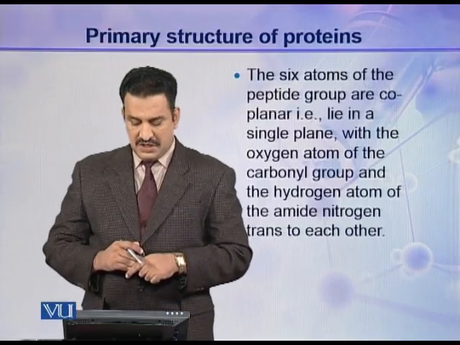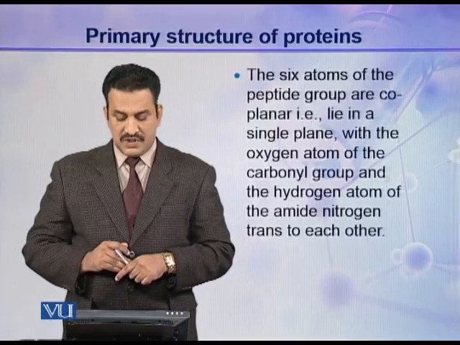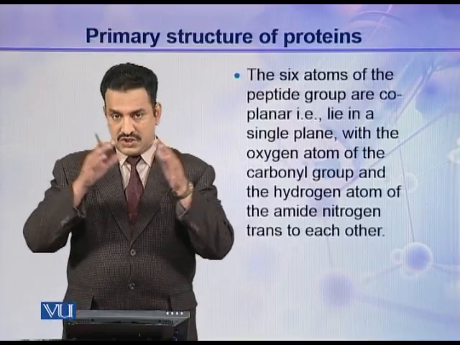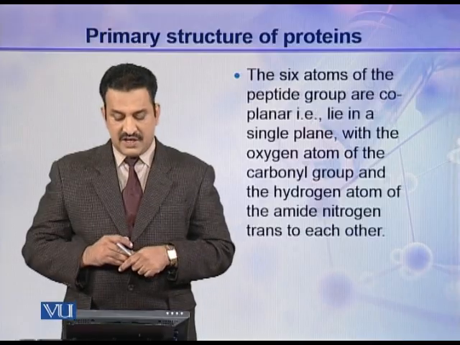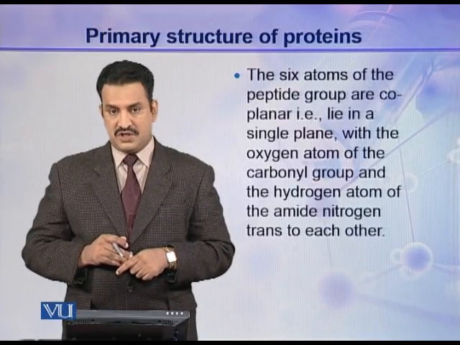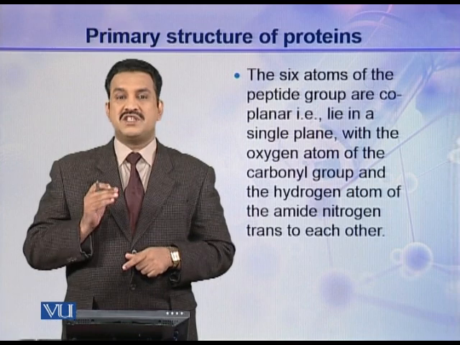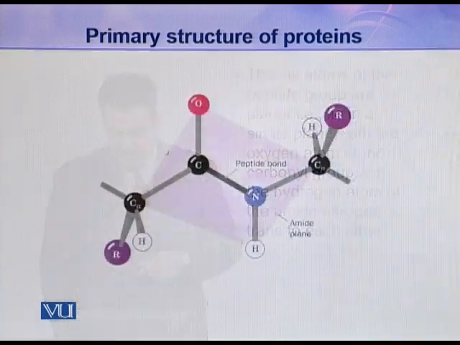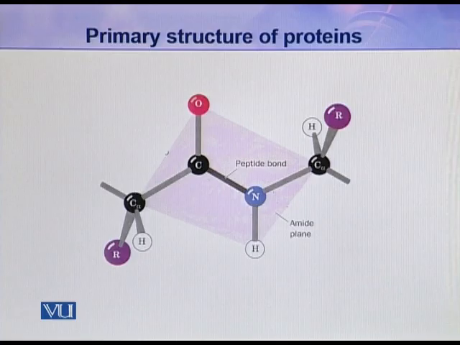And the oxygen atom of the carbonyl group in this peptide group and the hydrogen atom of the amide nitrogen are trans in position. As we can see in this picture, this whole thing is a peptide group, and it contains 6 atoms: 1, 2, 3, 4, 5, and 6. These 6 atoms lie in a single plane.